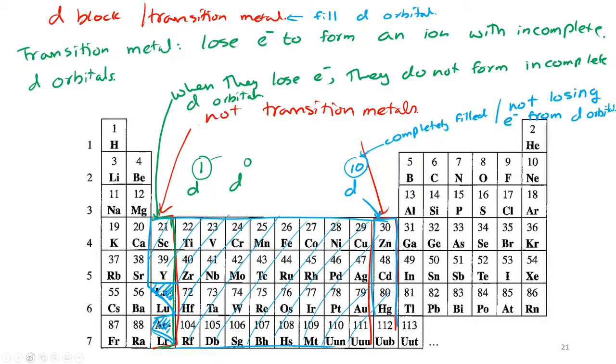So what is up with the other ones here? Those can be called the inner transition metals. You can see that two symbols have been squeezed inside the D block. So the D block is transition, and something squeezed inside that is what we call the inner transition.